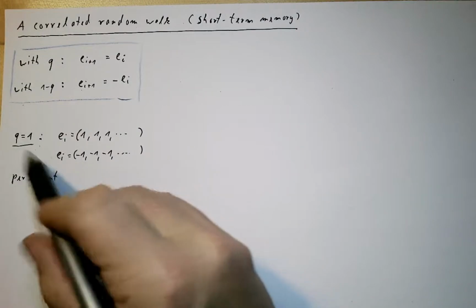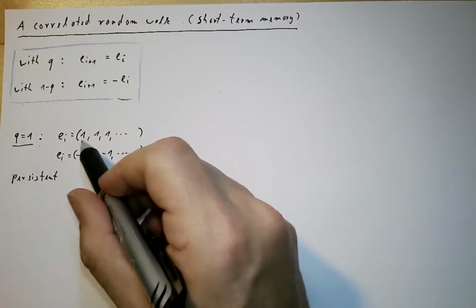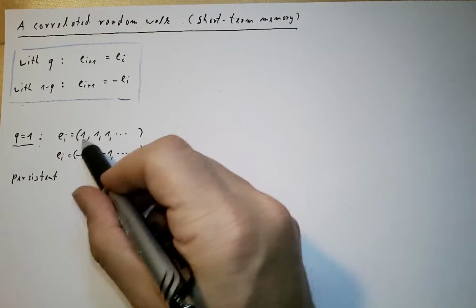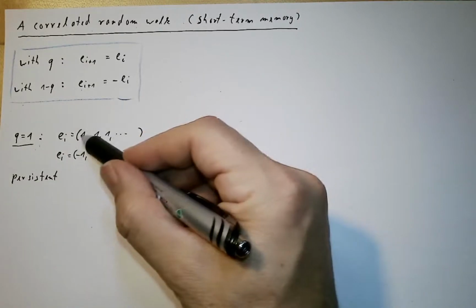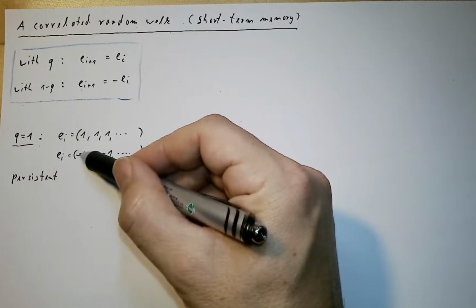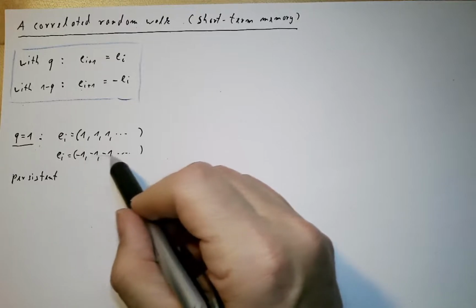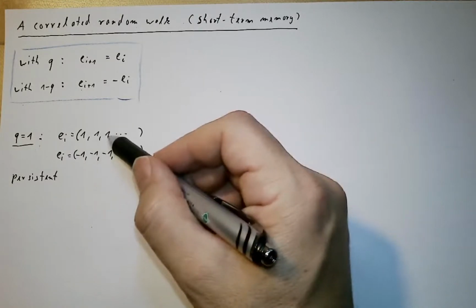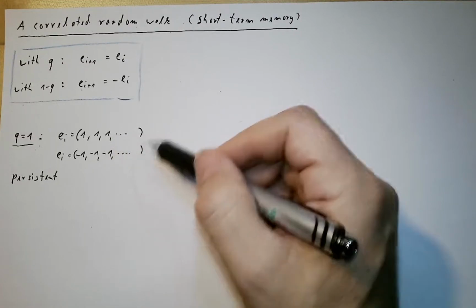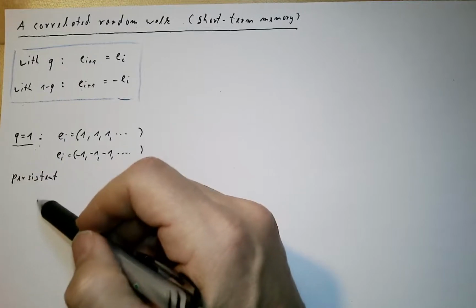Now, of course, if q is not 1, but a large number smaller than 1, then of course you can have changes. You have rarely, but on some occasion, a change between plus or minus 1, but then you're still persistent. You have a long row maybe of minus 1s, and then you jump to the plus 1s, and you have a long row of plus 1s, and so on. So if q is a bit smaller than 1, it's nearly persistent.